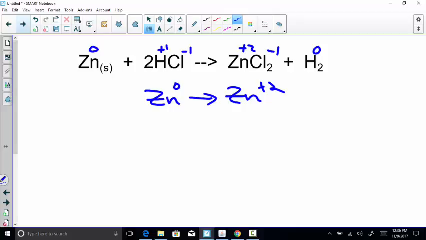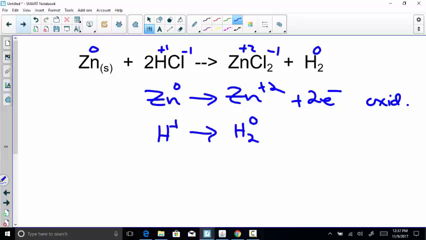So where do those 2 electrons go? So we lost 2 electrons, so that's oxidation, right? And then hydrogen went from a +1 to a 0. Well, how do you go from +1 to 0? You have to gain 1 electron. So this is reduction.